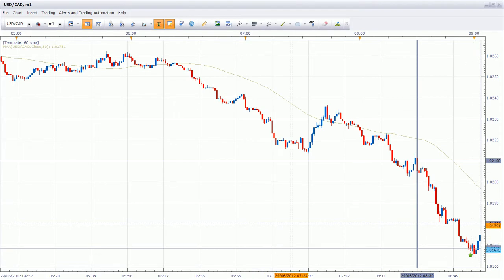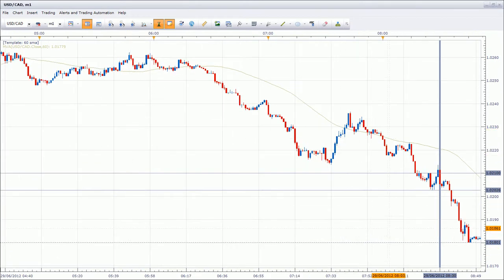So now I should be looking to get 30 pips and risk 30 pips. So 1.0168 plus 30 would be, let me just plot my limit levels.